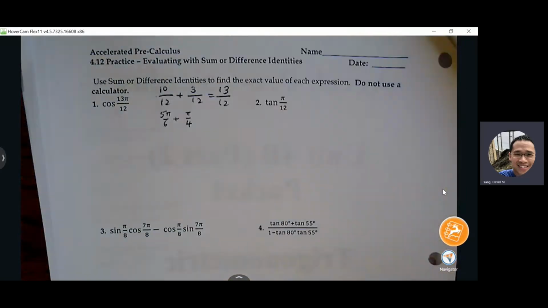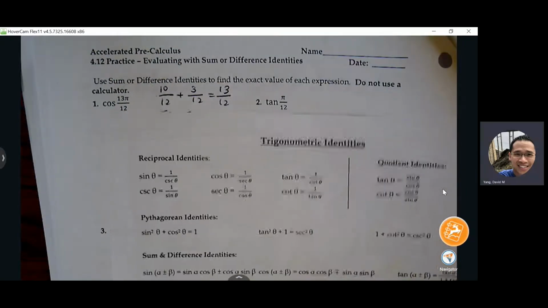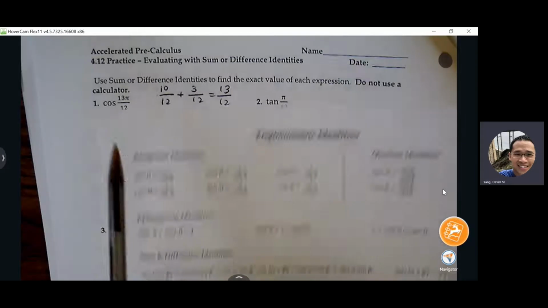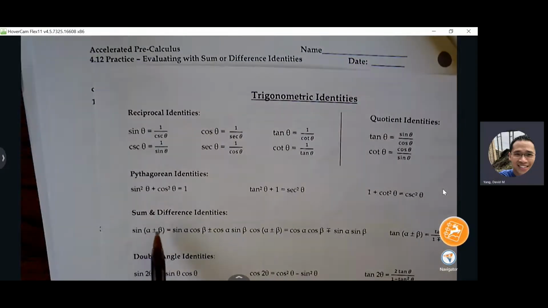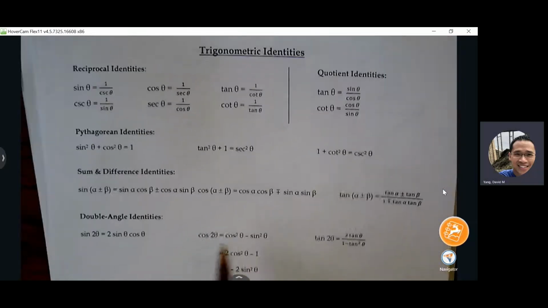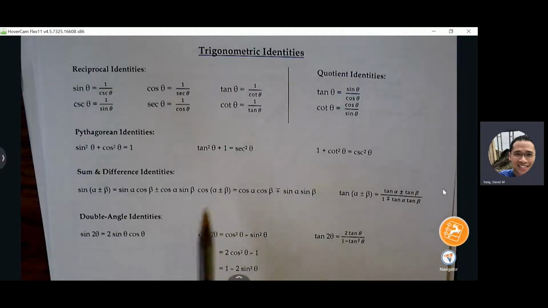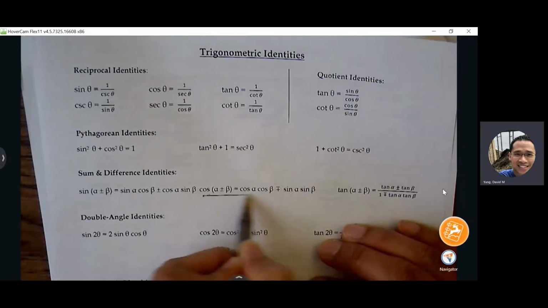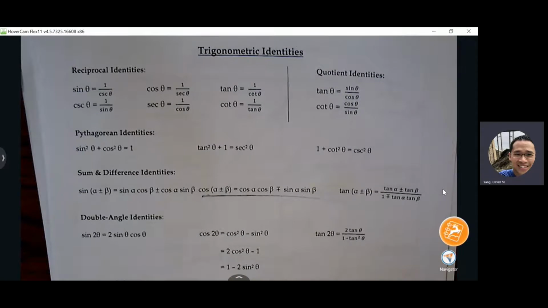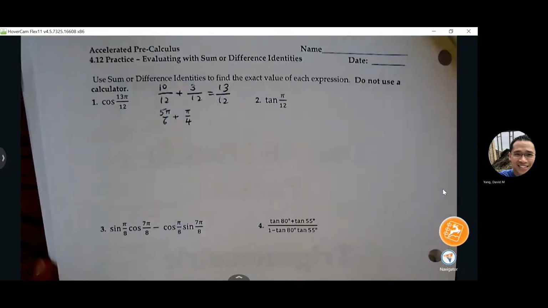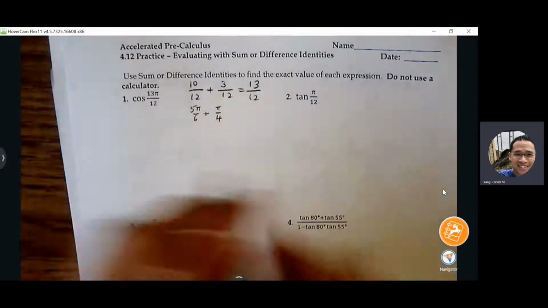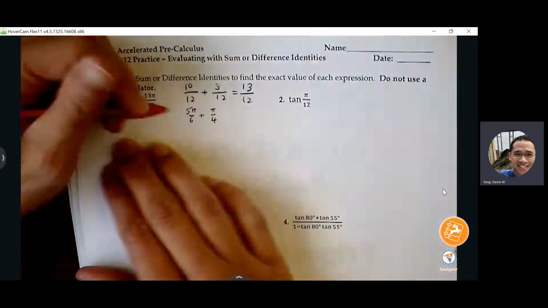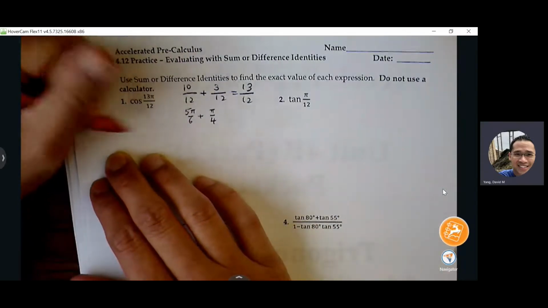So okay. Now let's look at cosine, the sum identity for cosine. Let's see over here, right? Okay, so we'll copy that down. Let me put a star next to it. That's going to be what we're going to be building off of.